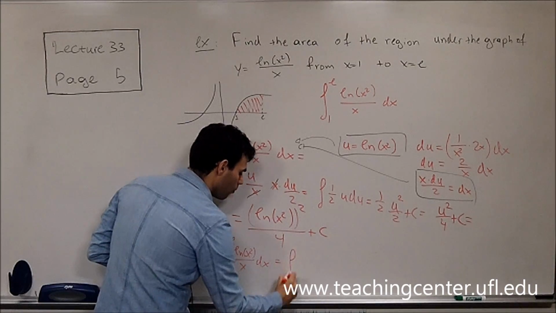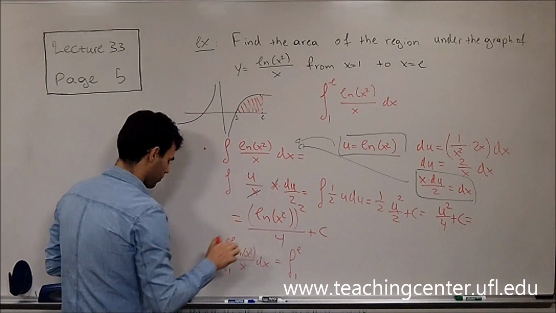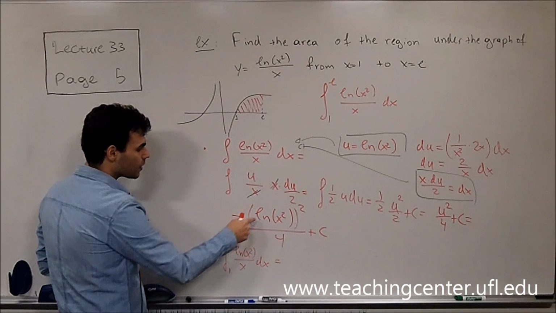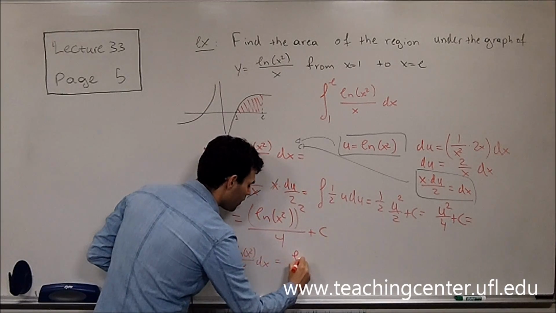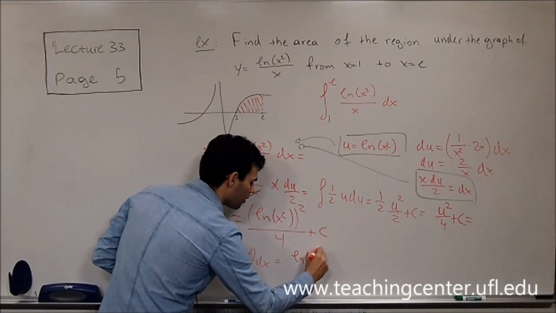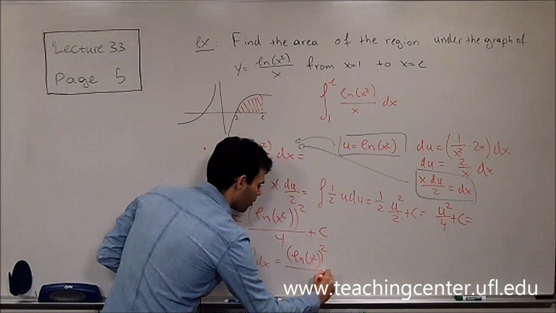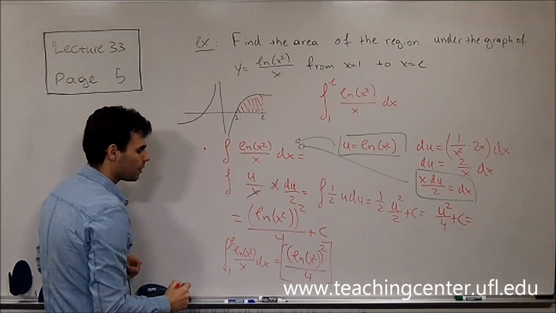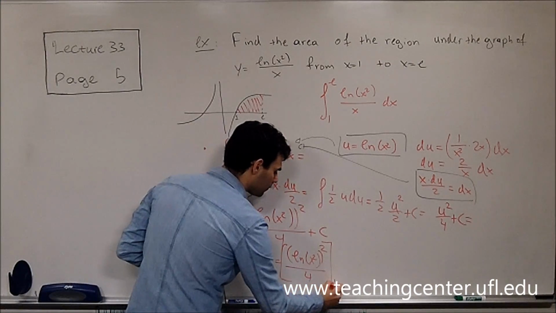We'll use this other notation because we've already calculated this. So we're going to use this antiderivative, ln of x squared over 4, and this is evaluated from 1 to e.